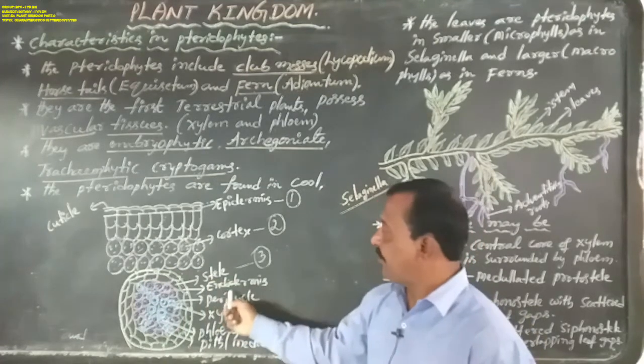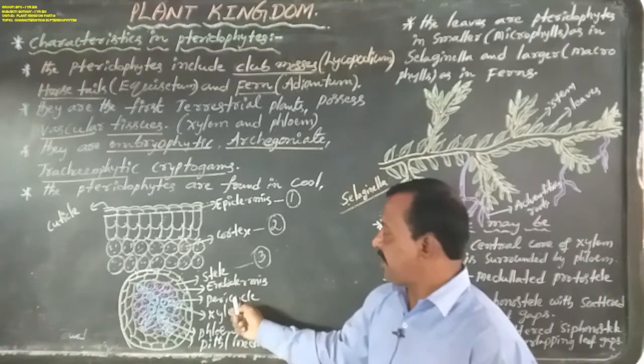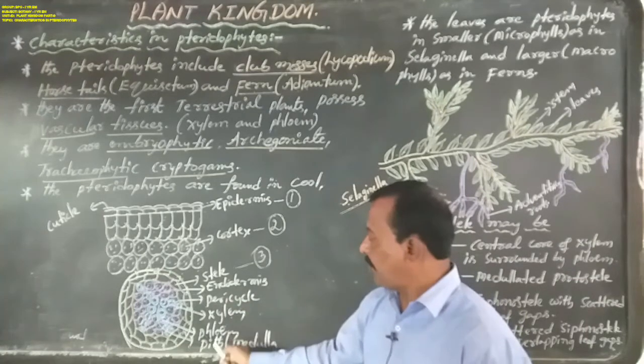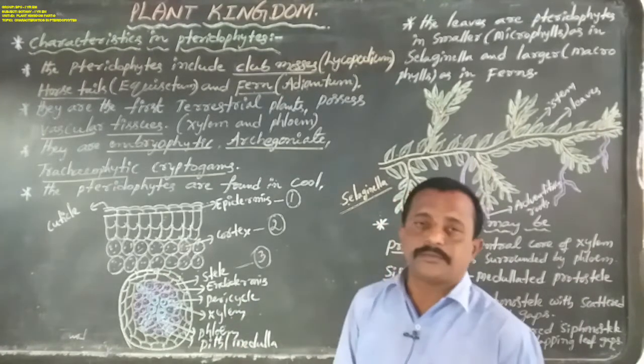This stele consists of endodermis, pericycle, xylem, phloem, and pith or medulla.